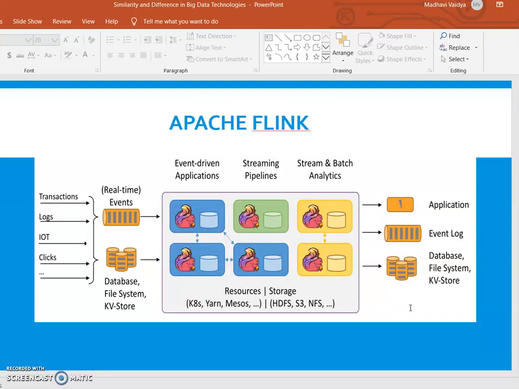So obviously here we can see the diagram in such a way that there are logs or IoT information or clicks, and maybe various IoT tools are connected, and then there is real time data which has been gotten from the transactions or the logs or the IoT systems or the databases, executed in between event driven applications or streaming applications or stream and batch applications in terms of HDFS and YARN.